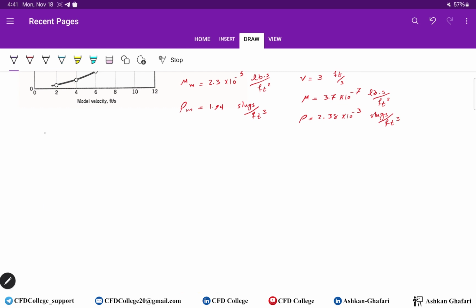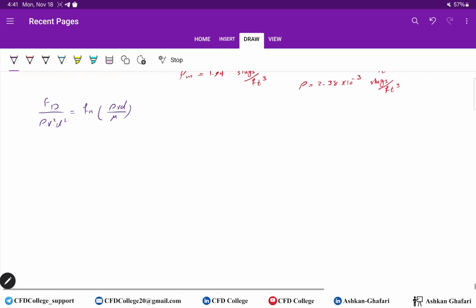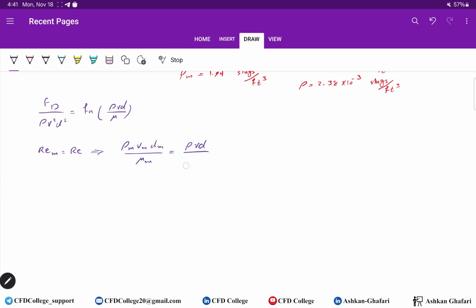So if you do that, you will see drag force over rho v square d square is a function of Reynolds number rho v d over mu. So for solving this problem, as you know, we have similarity for both these numbers. So from Reynolds number similarity, rho m vm dm over mu m equals rho v d over mu.